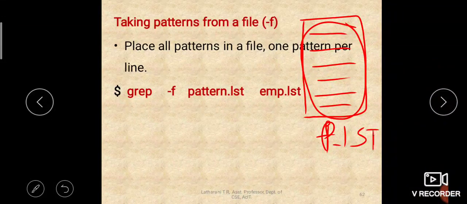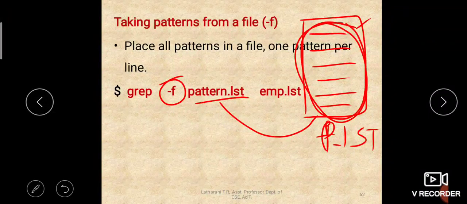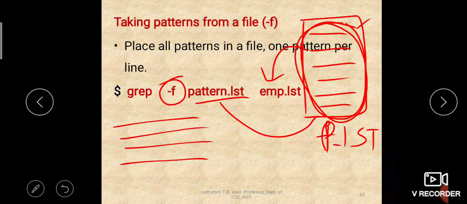This pattern.lst file has a set of patterns to be searched. With the -f option, you give pattern.lst, the file where all the patterns are listed, and all these patterns will be searched in the file called emp.list, and wherever the patterns are matched, those lines will be listed as output.